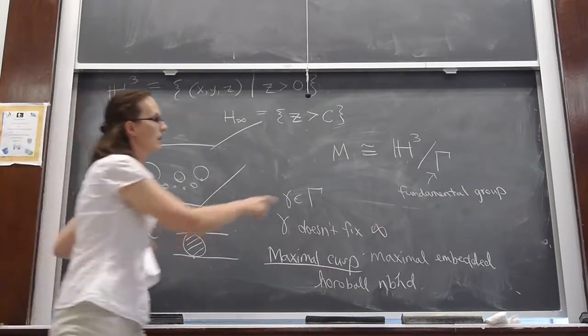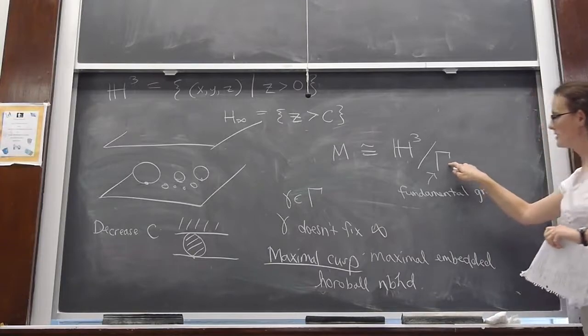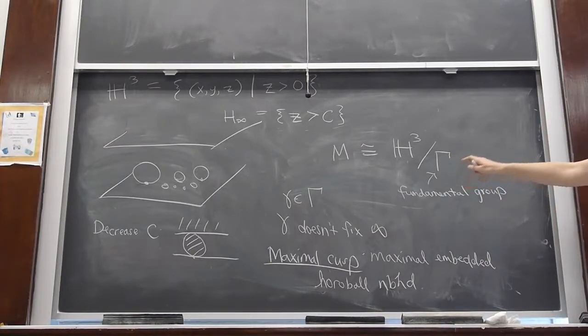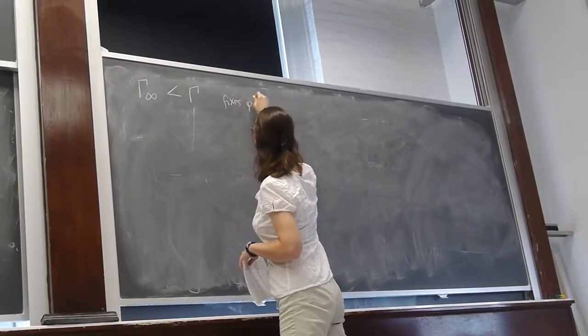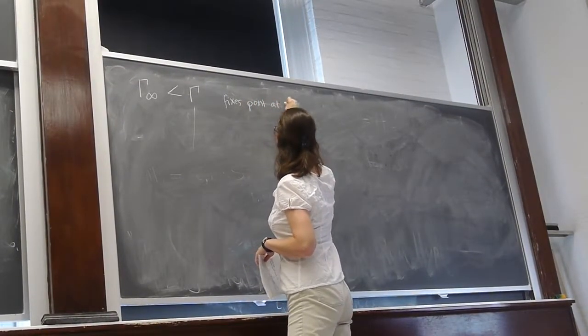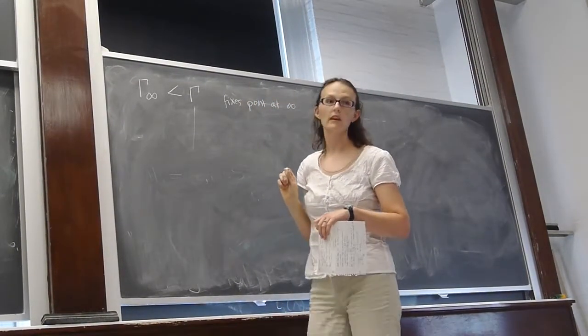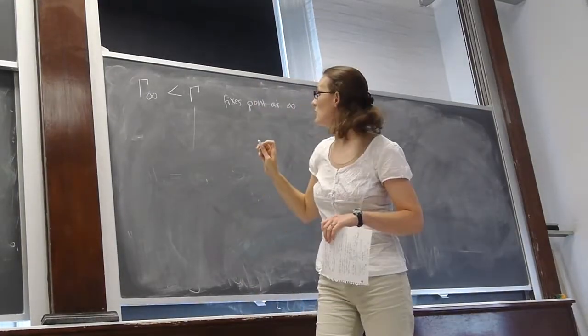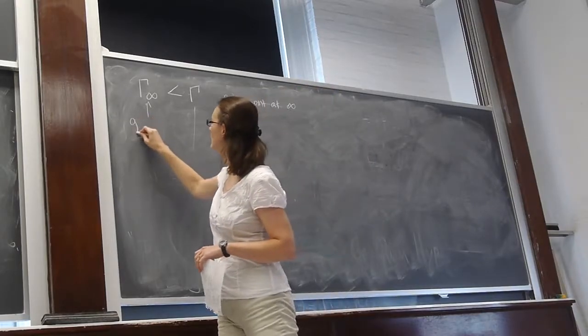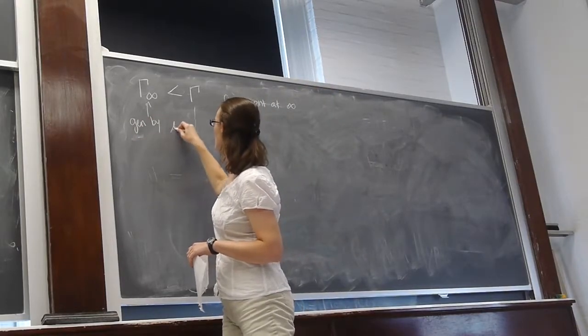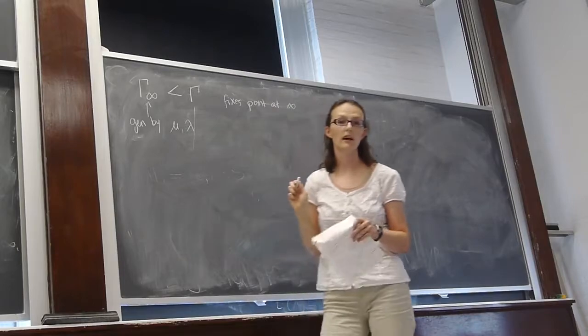Okay, so then a little bit more topology and geometry. The fundamental group is going to have a subgroup which fixes the point at infinity. I'm going to denote that by Gamma infinity. In the case that we are looking at a knot complement, you can think of this group as being generated by a meridian and a longitude, mu and lambda.